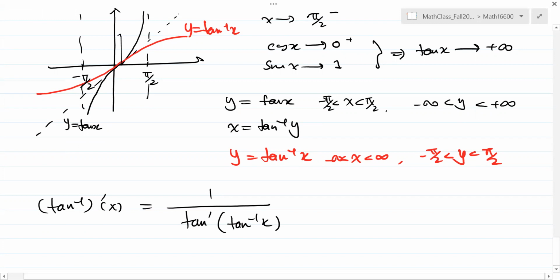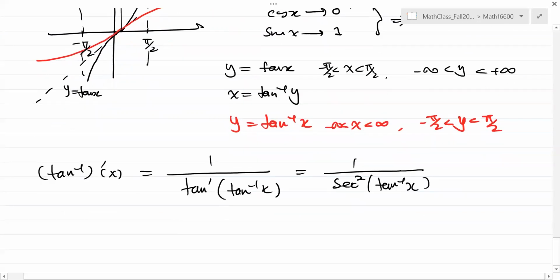Now, what is the derivative of tangent? Secant squared. So the derivative of tangent will be secant squared. So we have to express secant squared of arctangent x.